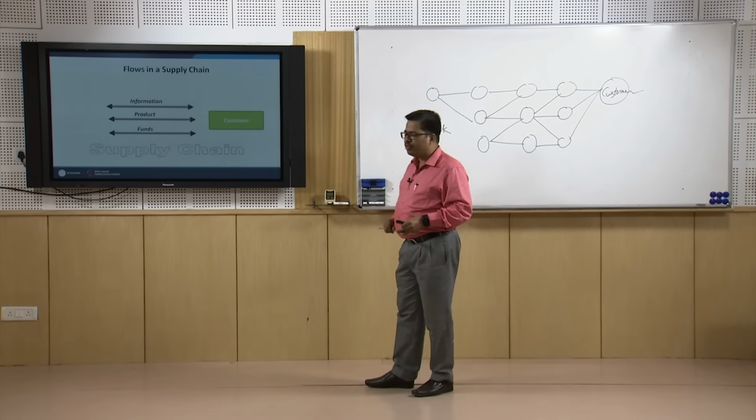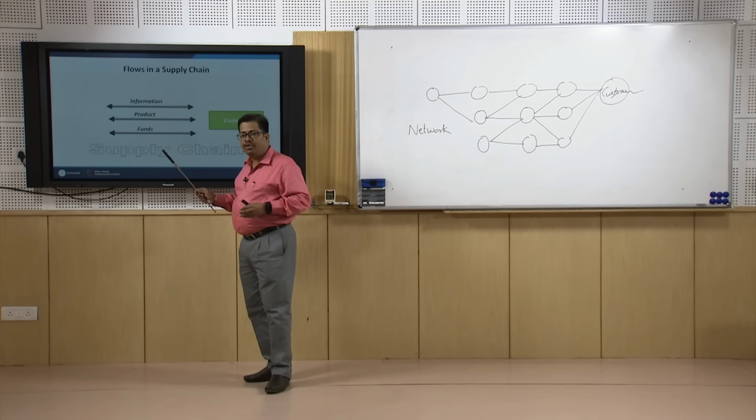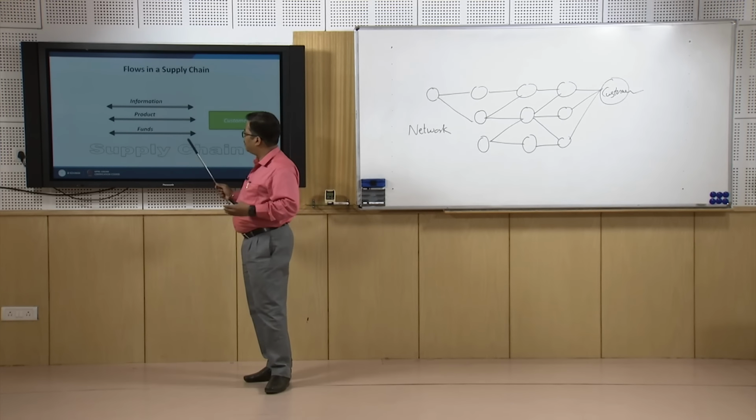Normally most of our cost related decisions are linked with the flow of products, how the flow of product is taking place in your supply chain.